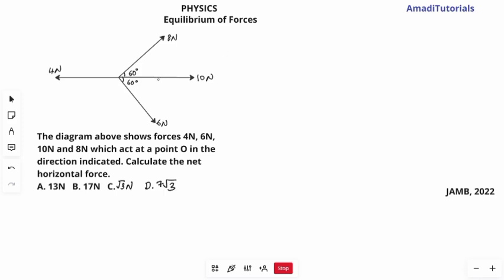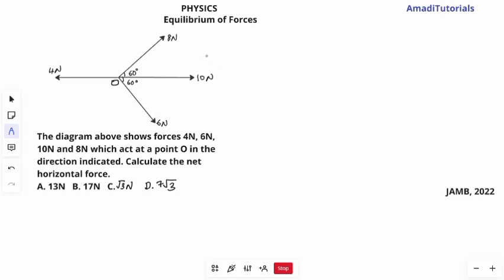This question says the diagram above shows forces 4 Newton, 6 Newton, 10 Newton, and 8 Newton, which act at a point O in the direction indicated. Calculate the net horizontal force.